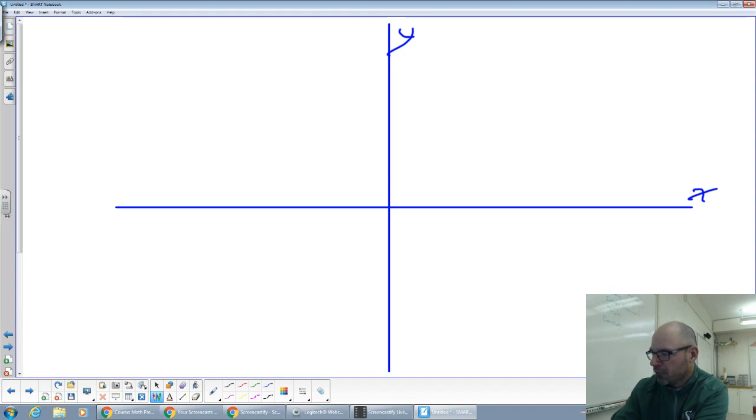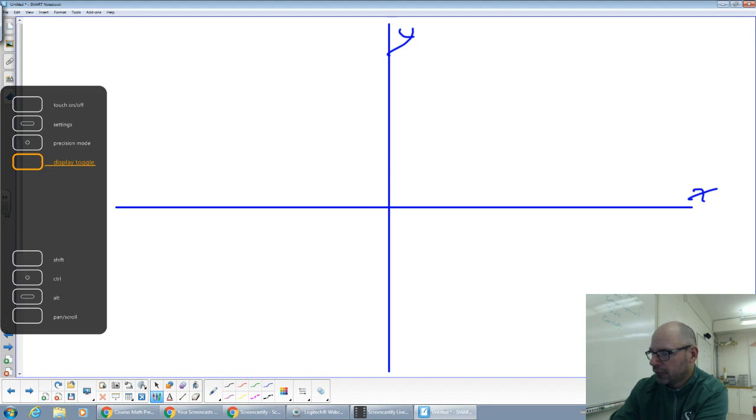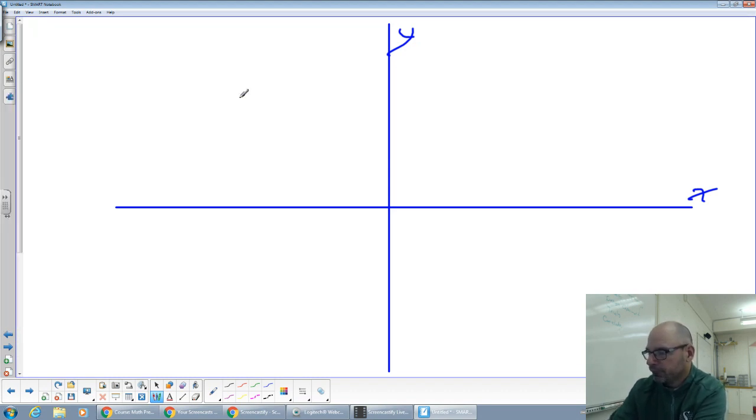Just trying to get my pen to be the right spot here. It's laggy. All right, there we go. We got it in the right spot. So there's the x and y.